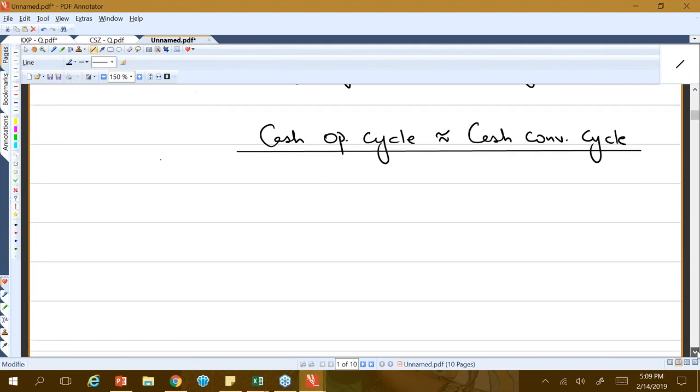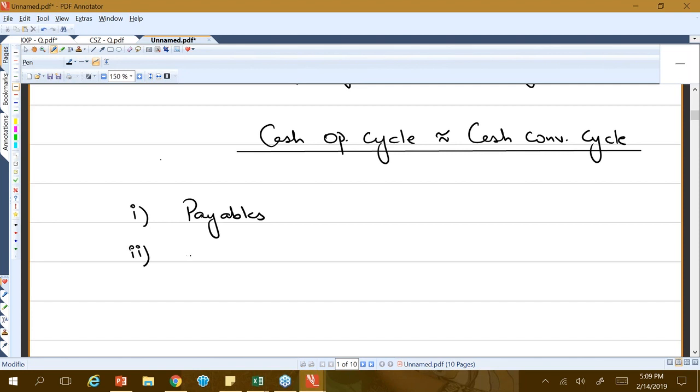Now, when we do any business transaction, what is the first step? The first step is we create the payables, because we have to buy something from the supplier to be able to then convert it into something or then to sell it. So we have payables.